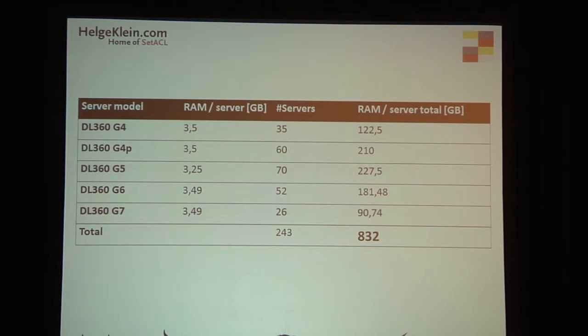So as you can see here, I measured how much RAM we actually can use in these models. See, it's roughly in the area of 3.5 gigabytes, 3,449 megabytes. With the G5, HP, well, I would say messed it up, but I'm polite, so I don't. They stole 250 megabytes from you, and they gave it back in the next generation.